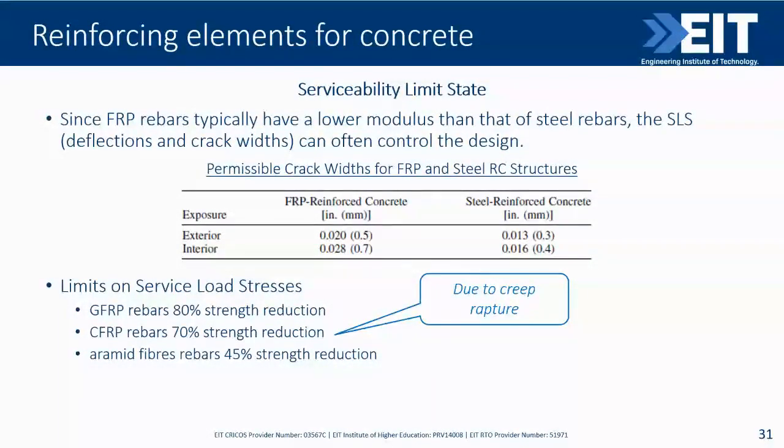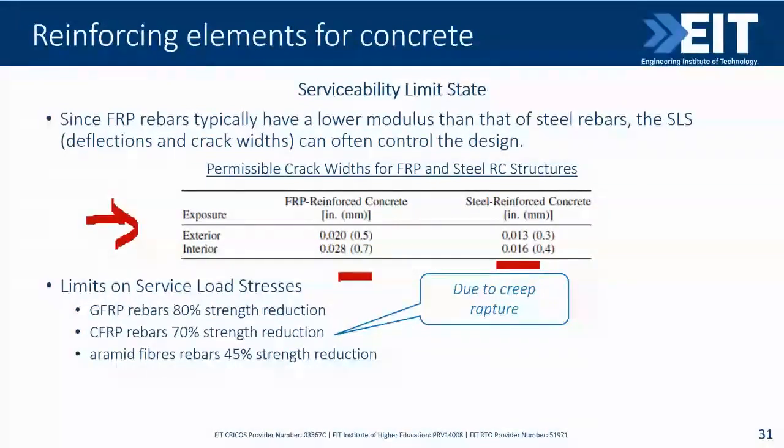The crack. So, if we look at the American code, the permissible crack widths for FRP and steel RC structures, if we compare this with steel, we can see that the permitted crack width in FRP reinforced concrete is greater than in steel reinforced concrete.